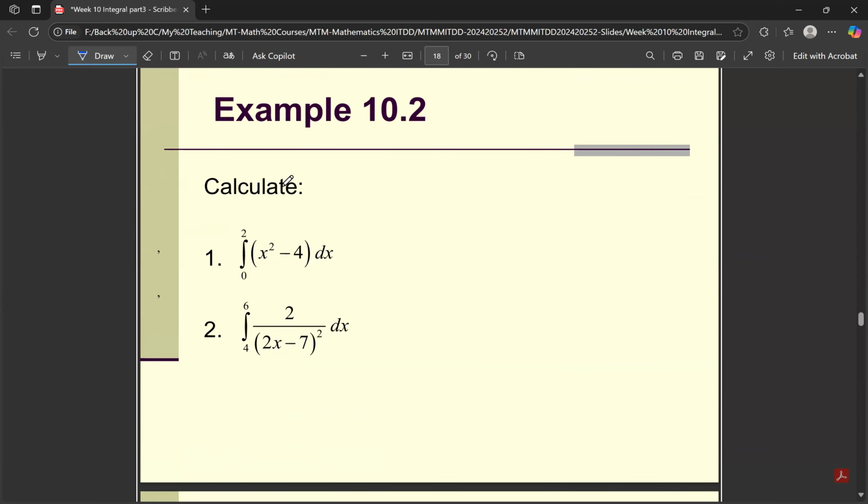Okay, this is an example of a definite integral. We can apply the properties. The properties say that we can separate this integral into two integrals: the integral of x squared dx from 0 to 2 minus the integral of 4 dx from 0 to 2. I make it detailed the first time for you.